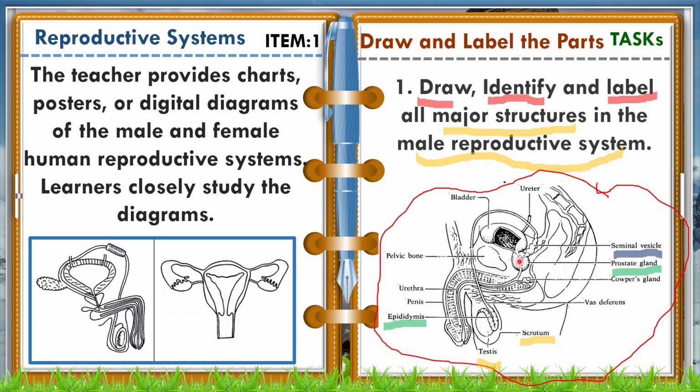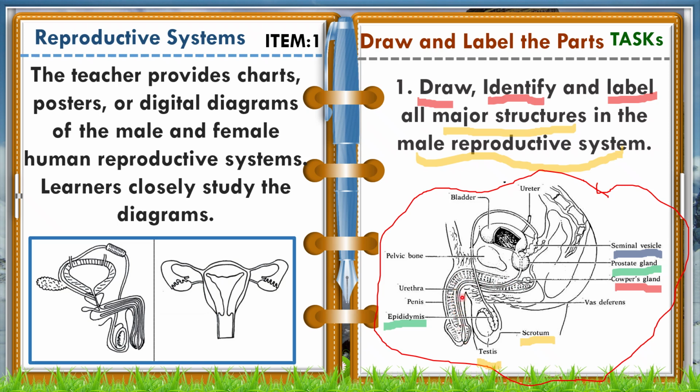From the prostate gland, we come to a tube which connects to another gland. This gland here is what we refer to as the Cowper's gland. From the Cowper's gland, it connects to the tube, and this tube enters into the penis.